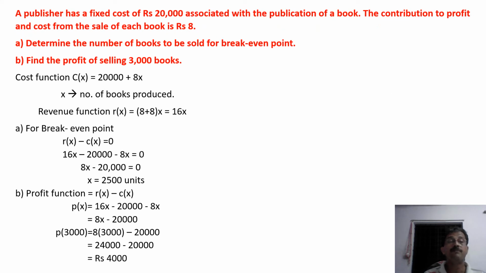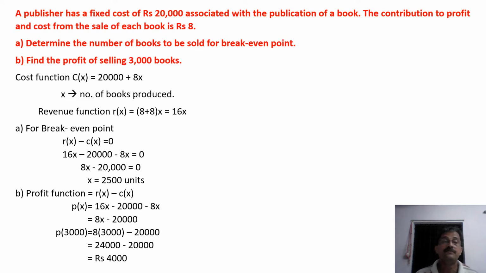Next problem. A publisher has a fixed cost of rupees 20,000 associated with publication of a book. Contribution to profit and cost for the sale of each book is rupees 8. Determine the number of books to be sold for break even point and find the profit of selling 3000 books.